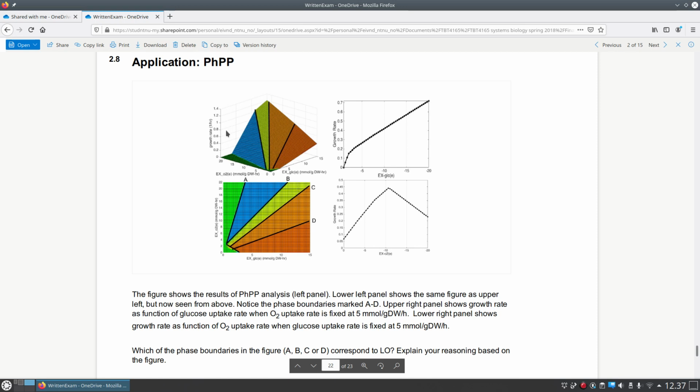And now the question is, how do we read out shadow prices? If we go into MATLAB and we compute the phenotype phase plane using the function there, we will normally get something that corresponds to this upper left graph, and then we will also get two 2D plots with the shadow price for each metabolite at each point.